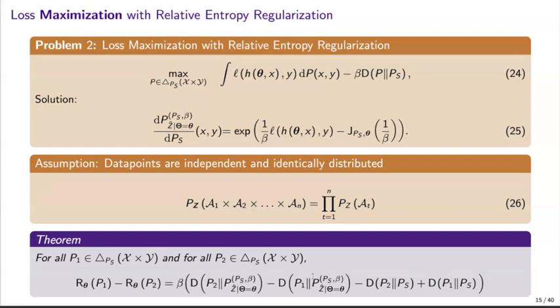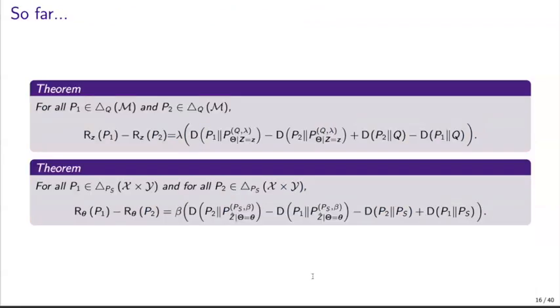So now you start thinking, oh, I see probably the connection between generalization error and these two optimization problems, because what we have done so far is obtaining closed form expressions in terms of information measures, here relative entropies, of the variations of the empirical risk.